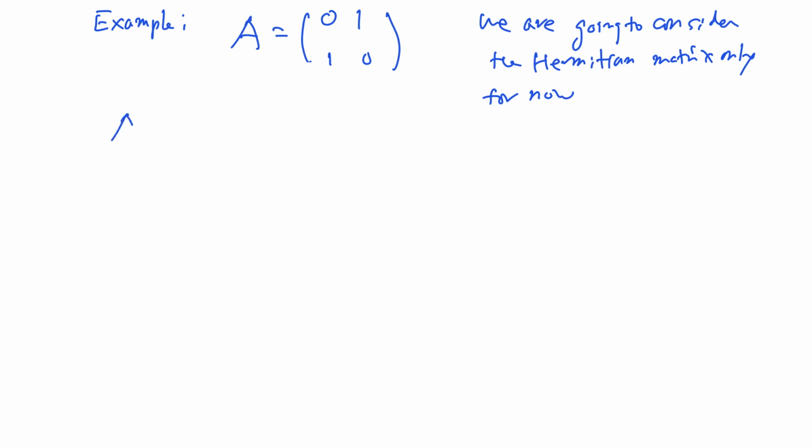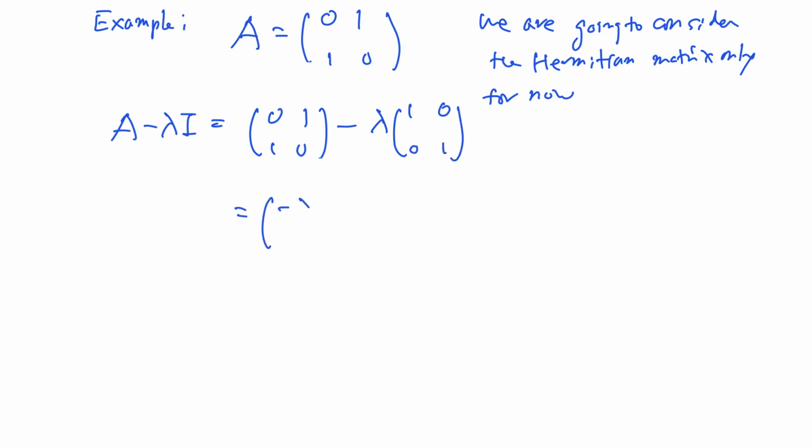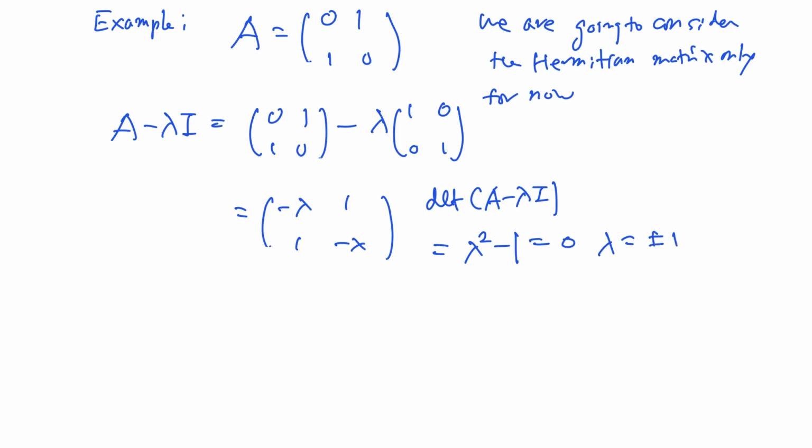Then A minus lambda I is 0, 1, 1, 0 minus lambda times 1, 0, 0, 1, which is minus lambda, 1, 1, minus lambda, right? So the determinant of A minus lambda I is lambda squared minus 1 equal to 0. Lambda is plus or minus 1.